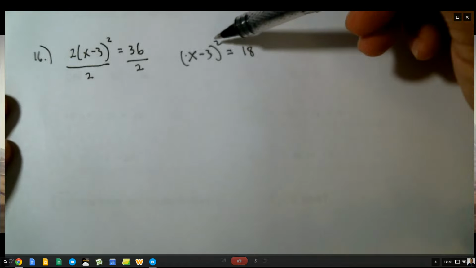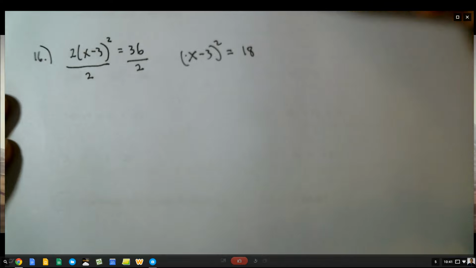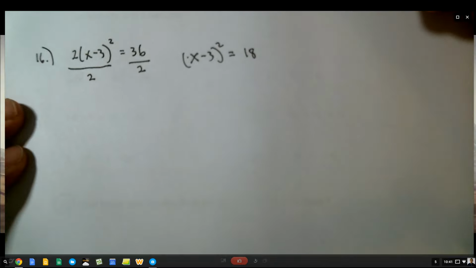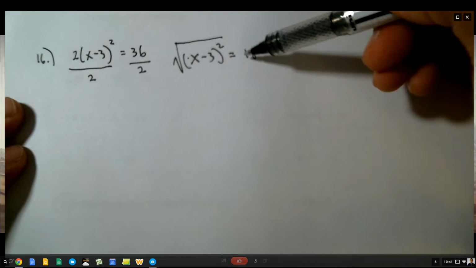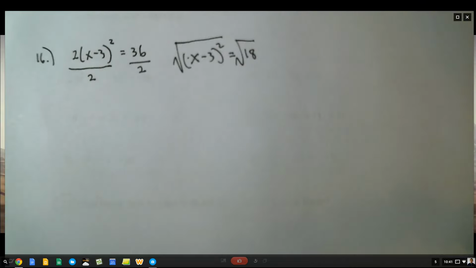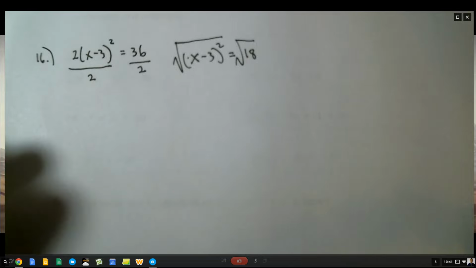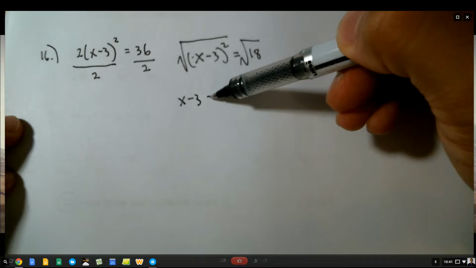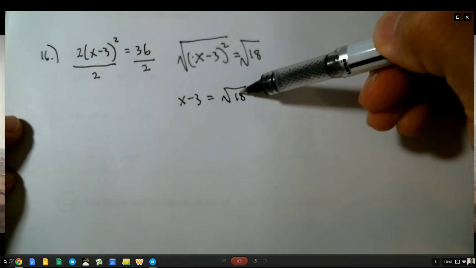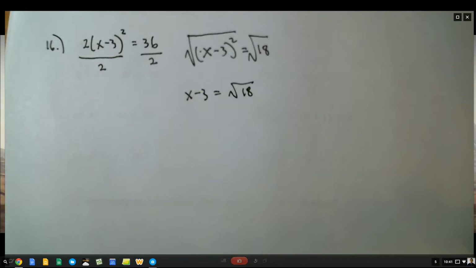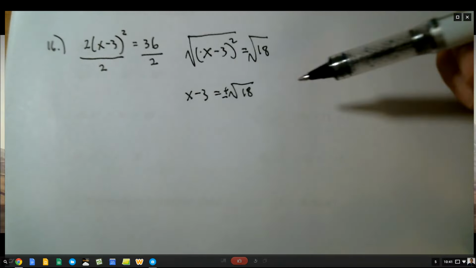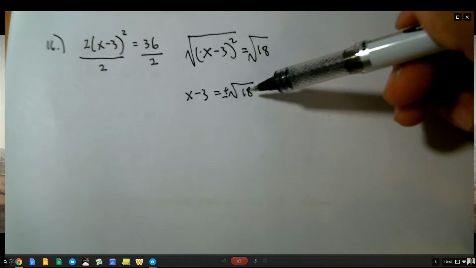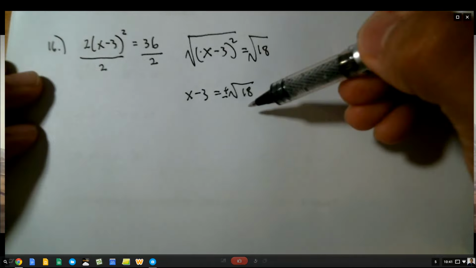And now let's get rid of this square. To get rid of that, we take the square root of both sides. We get x minus 3 is equal to plus or minus the square root of 18. Let's simplify the square root of 18.